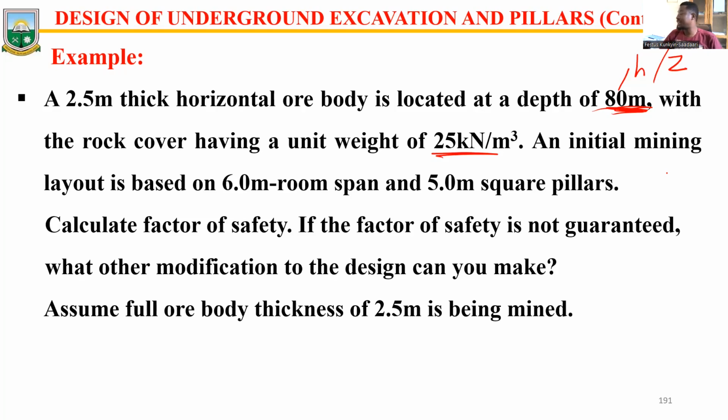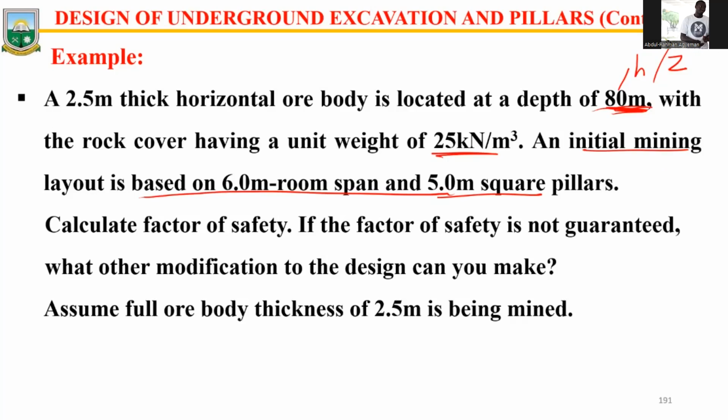An initial mining layout is based on 6-meter room span and 5-meter square pillars. Who can interpret this? If you understand these things, solving the question, you just bring your formula and put them in and you're done. It means the pillars are designed to be square, and they are going to be 5 meter by 5 meter.